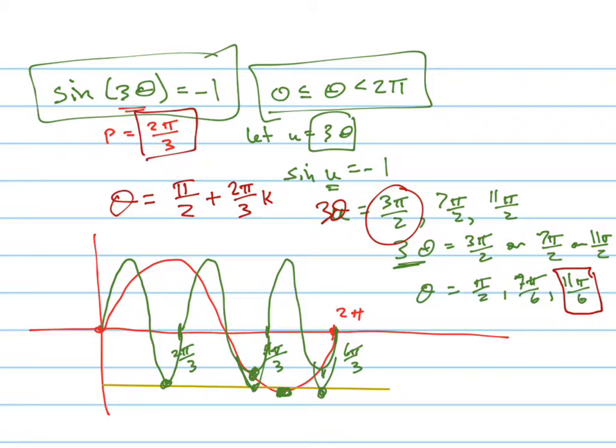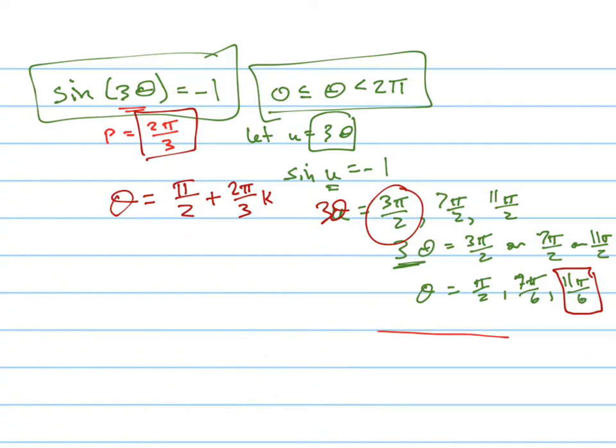Now some people like this, some people don't. I prefer to do it the way that I did it before, but I'll show you how to do this. So this would be pi over 2. That's your first one. Then it would be pi over 2 plus 2 pi over 3. And then it would be pi over 2 plus 4 pi over 3, because I added it again. Now these, you'd have to do some math with, right?